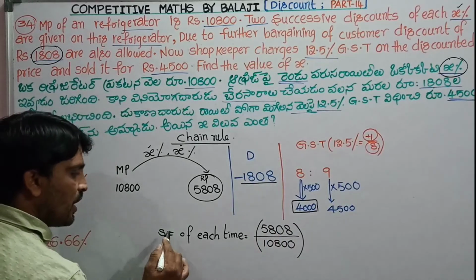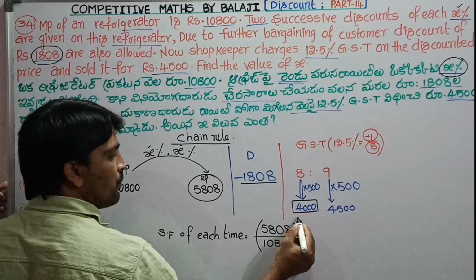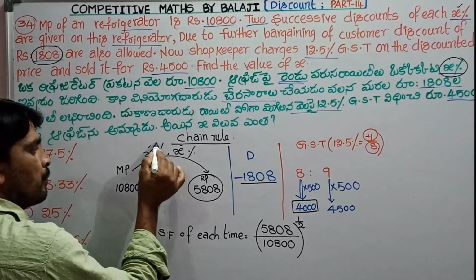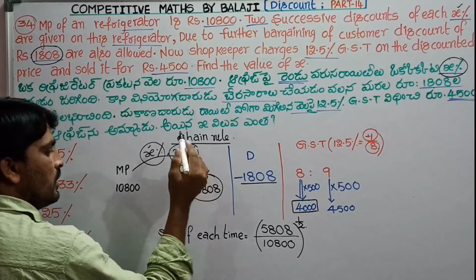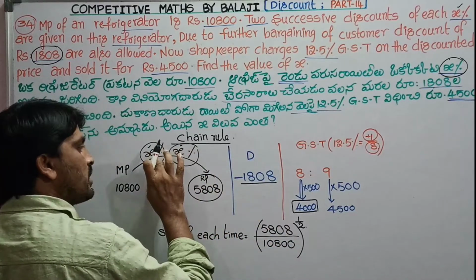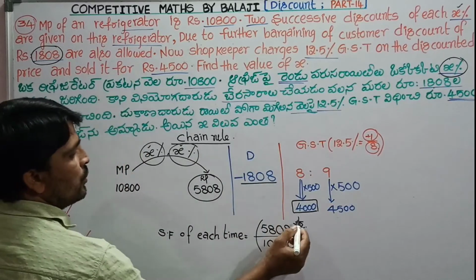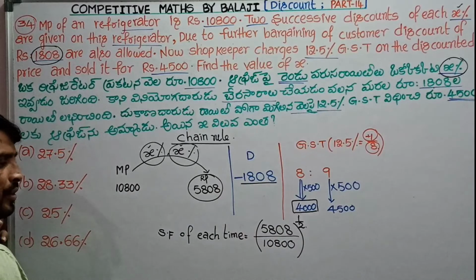To find the scaling factor of each time, we have to consider a half in the exponent. Why? Because here we allowed two successive discounts. This is the scaling factor of two successive discounts, but we have to find the scaling factor of each successive discount, so we consider 1/2 in the exponent.